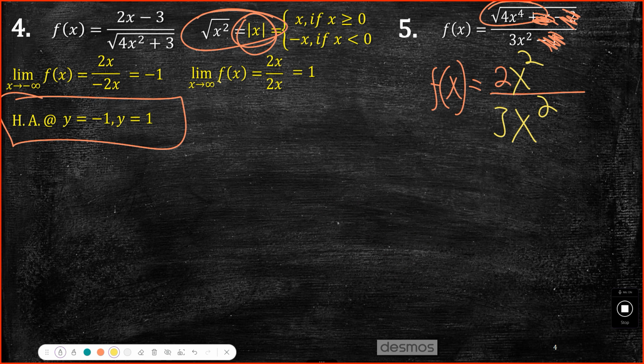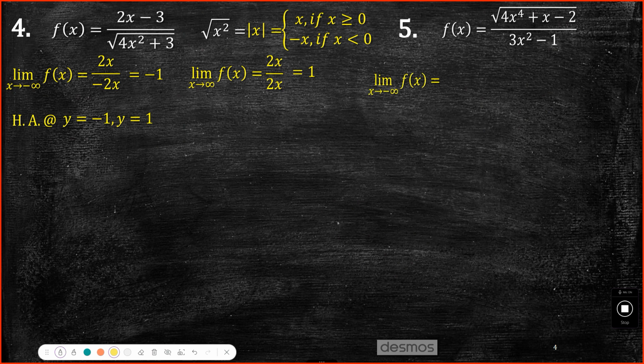We have the same power, don't we? Because we have the same power, we just divide the leading coefficients. So the horizontal asymptote is going to be at y equal to 2 over 3. When they have the same power, just divide the leading coefficients. So this one's going to have a horizontal asymptote at y equals 2/3.